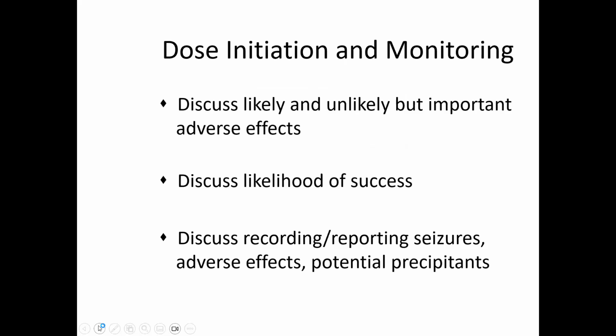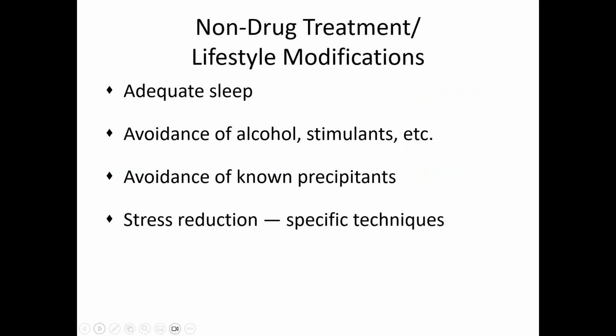I will tell you how we start and adjust antiepileptic drugs. We'll look at the other non-pharmacological measures first. Pharmacological was the antiepileptic drugs, and I'll tell you the types of antiepileptic drugs for each type of seizure. Then other lifestyle modifications: you have to encourage them to have adequate sleep, because sleep deprivation can be a triggering factor for epilepsy.